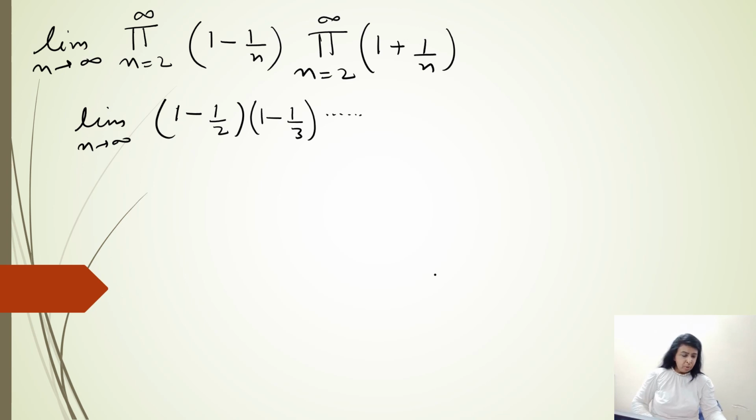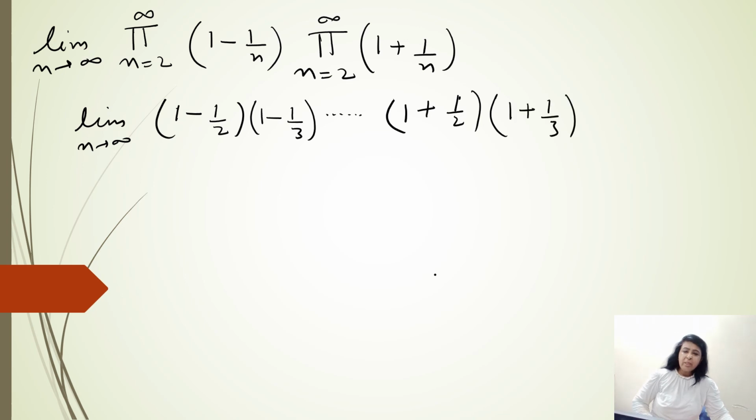And again you will get 1 plus 1 by 2, 1 plus 1 by 3 and so on. This is in one bracket and this is in the other bracket.